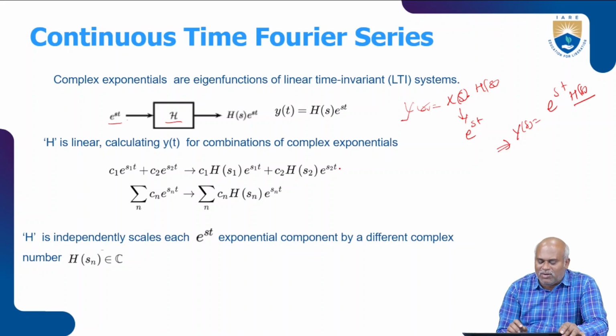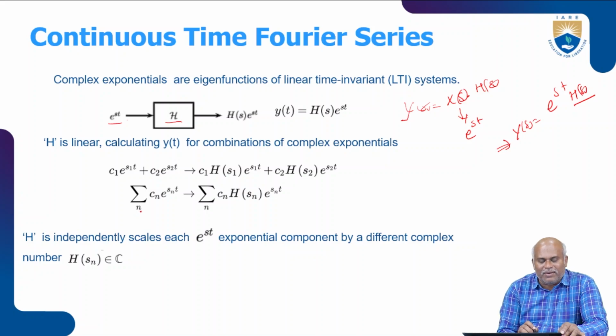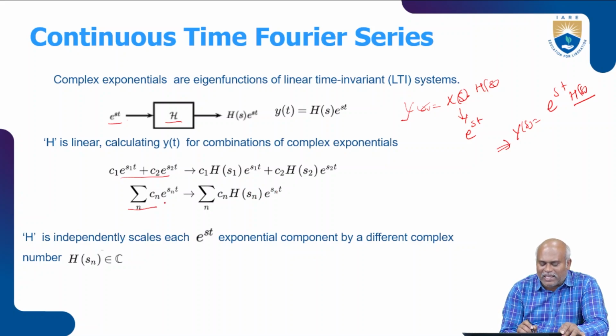Now if we have the multiple case, it is represented as a summation of n c of n e power s n t, which tends to summation of n c of n h of s n e power s n t. So this whole term I make in this form.